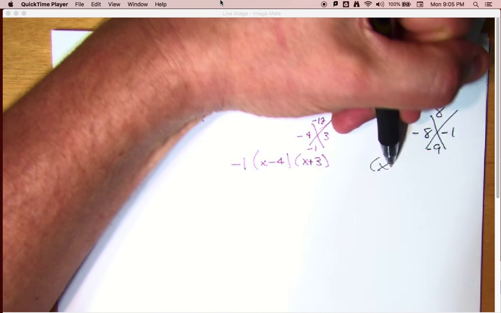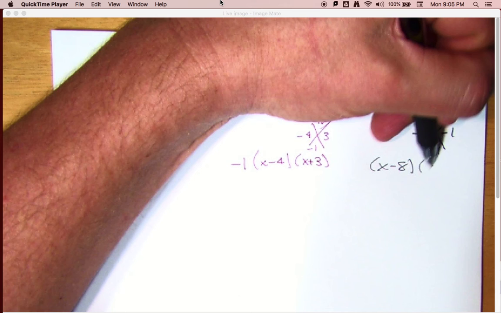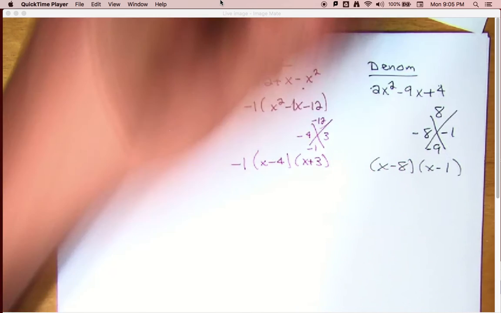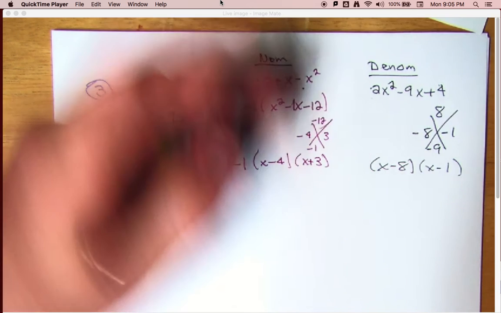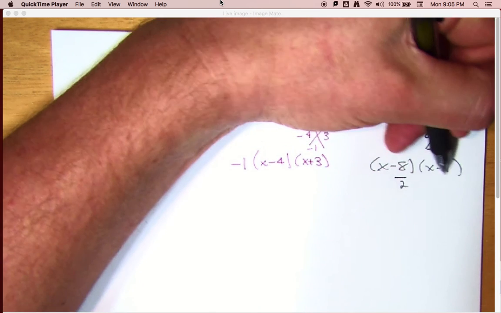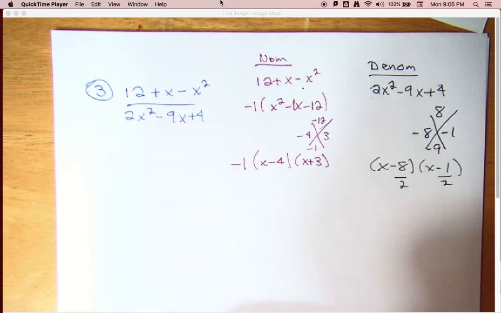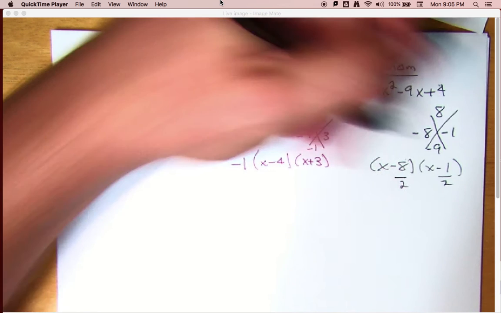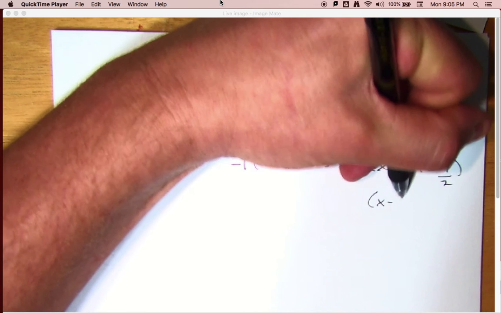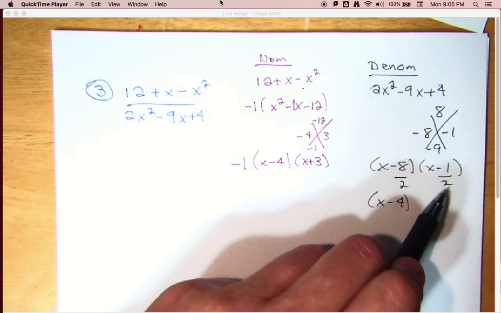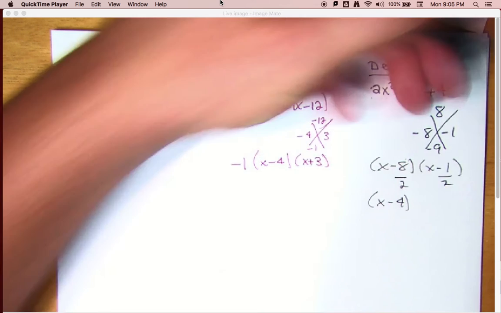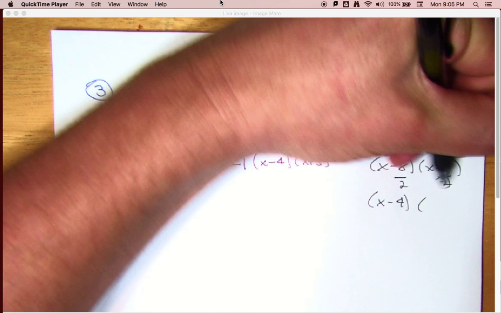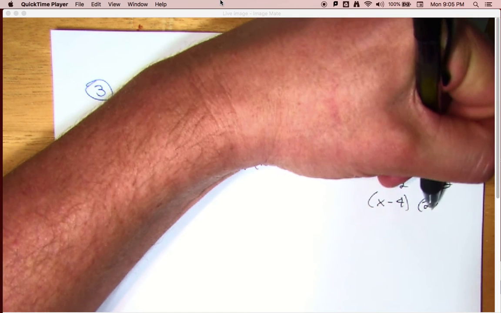We have x minus 8, x minus 1. But don't forget, because of this 2 right here, got to divide those by 2. 8 divided by 2 is 4, so that becomes x minus 4. This one does not divide out evenly, so we take this 2 and plug it right there, 2x minus 1.